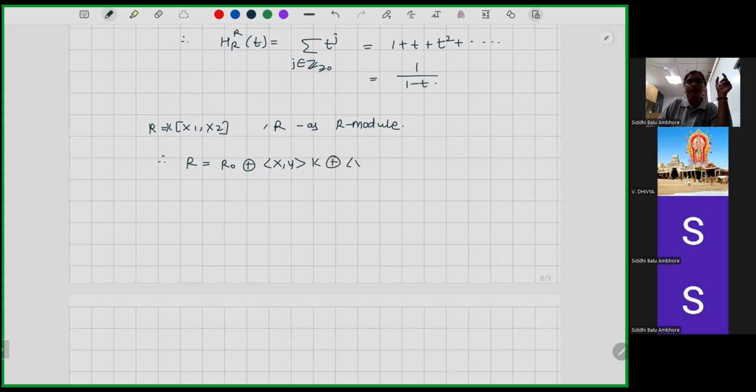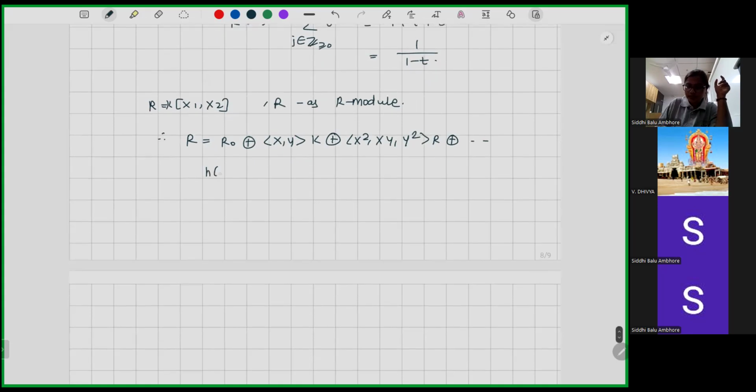It's generated by x squared, xy, y squared and so on. Again here h0 is 1, h1 is 2, h2 is 3. So the Hilbert function becomes j plus 1 for all j.